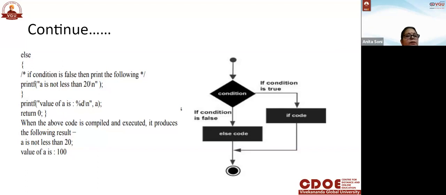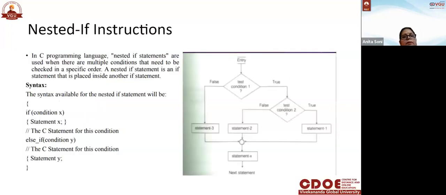That is how the if statement is used and how if and else is used. Now, nested if. What is nested if? You can put an if inside an if, which is called a nested if statement. When you have multiple conditions and you want to pick any one of them, you can use a nested if statement.